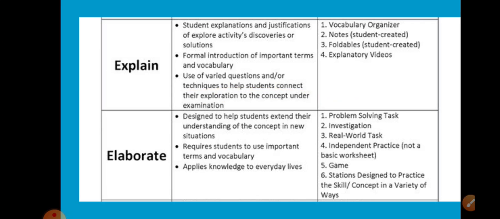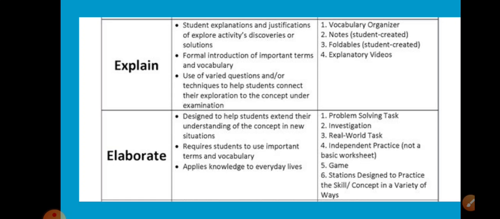And of course, formal introduction to important terms and vocabulary, and use of varied question techniques to help students connect. So as a teacher, we need to make use of a variety of questions. Most especially, we give that to the explore, and here in explain, they will explain their answers to your questions.